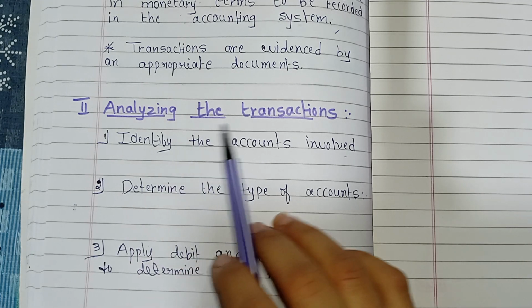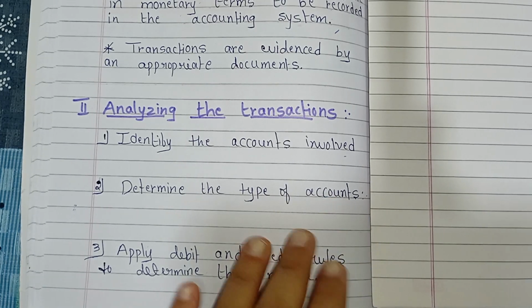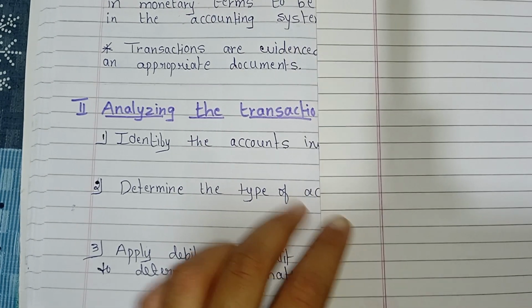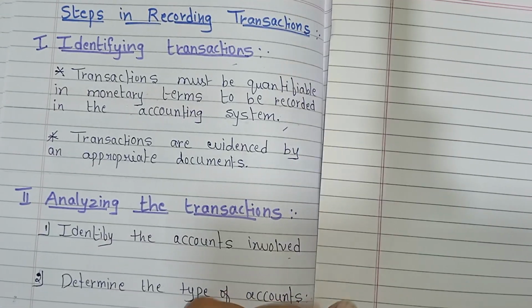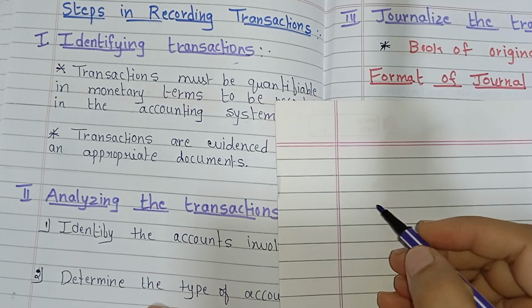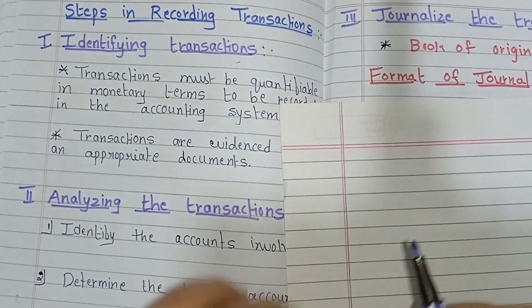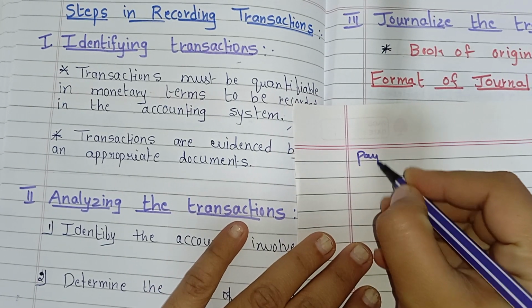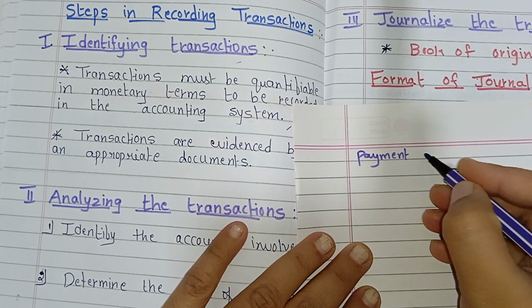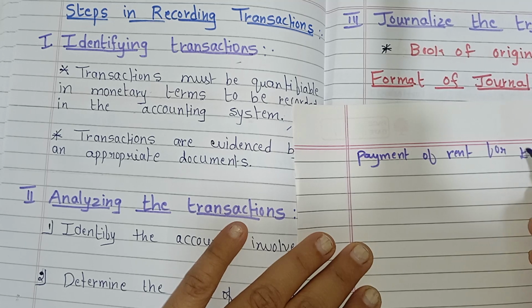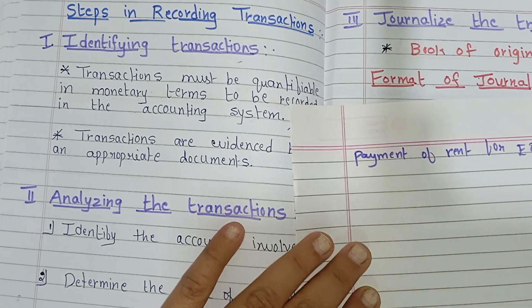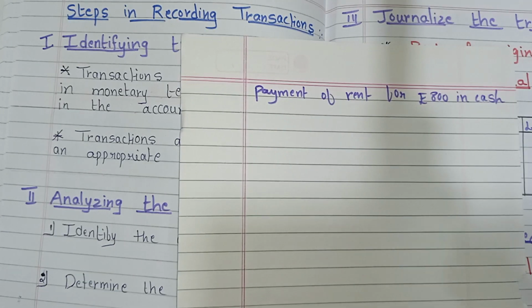So this step, analyzing the transaction, I will explain through one example: payment of rent for rupees 800 in cash. Okay, in cash. Now we need to analyze the transaction here.